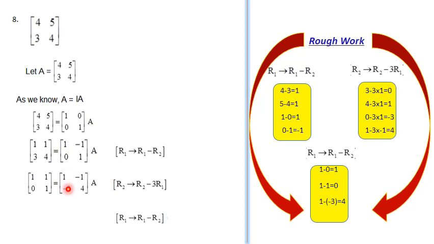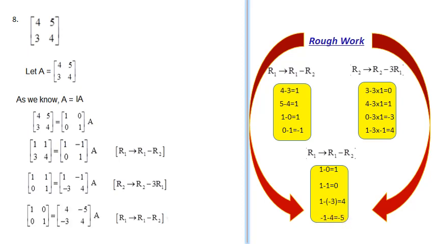Next, 1 minus minus 3, that is 4. Now minus 1 minus 4: R1 is minus 1, R2 is 4, so R1 minus R2, minus 1 minus 4, is minus 5.